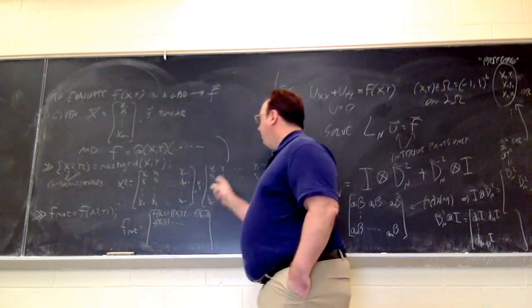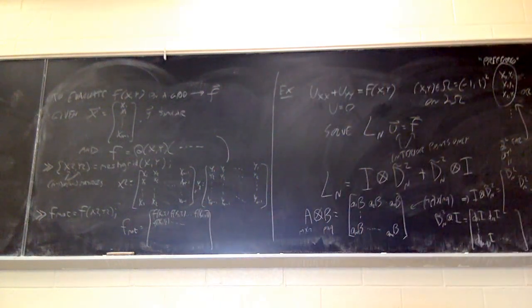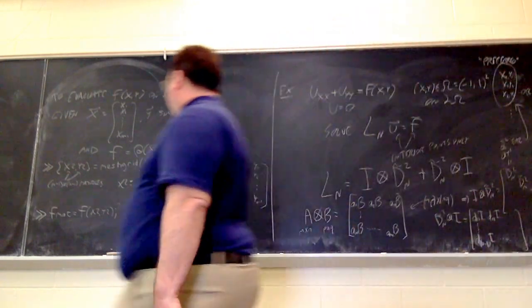However these are ordered within these matrices, those points are plugged into f. So now I have my f values, but I don't want a matrix, I want a vector. Well, what MATLAB command would I use to get a vector out of that? Yeah, reshape.